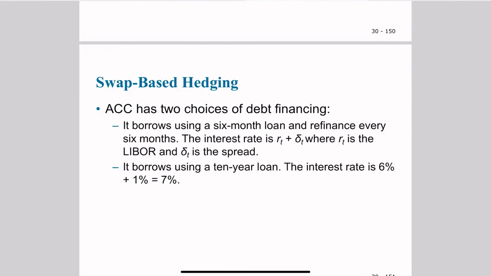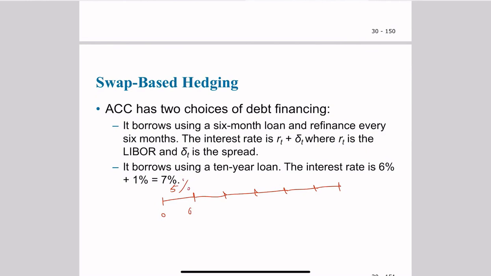First, it can use this 6-month loan, and it will refinance every 6 months, right? So you can imagine that in this case, there is interest rate risk, because if it's a 6-month loan, then for the first month to the 6th month, you pay 5%.